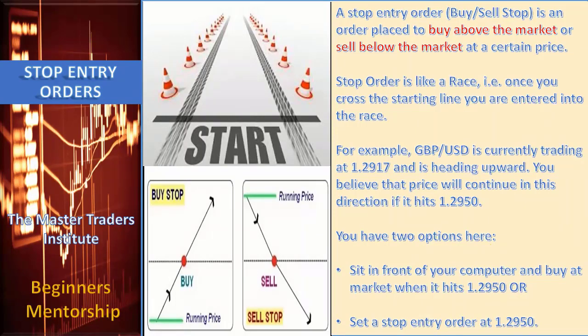So there are two options. If you want the market to move higher before you buy, you can stay all day on your laptop and it does not get there. Or you can set a stop order and it might not even activate today. Sometimes you might set a stop order, it will activate maybe after 2 days. You can't stay in front of your computer for 2 days monitoring the price. So that is why this stop order is very, very important.